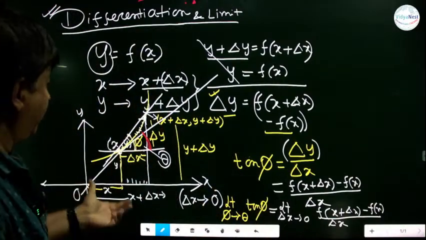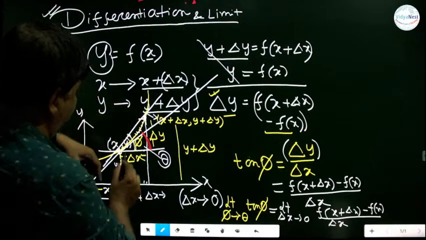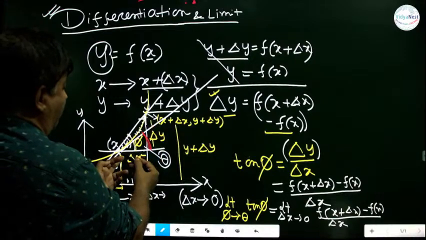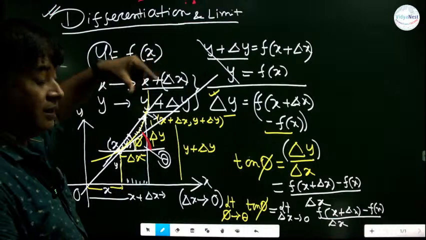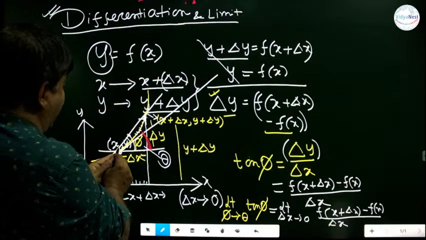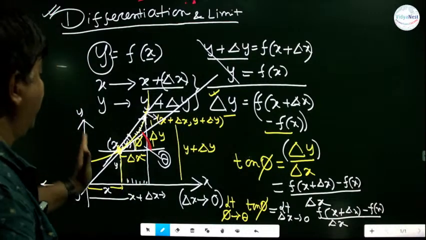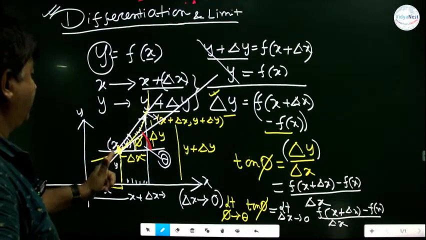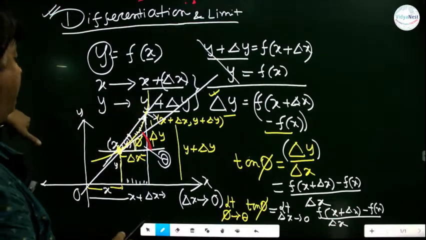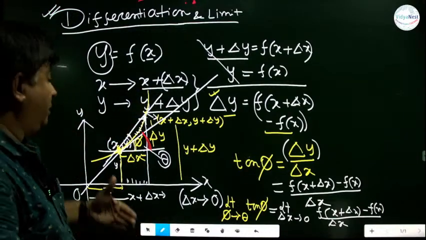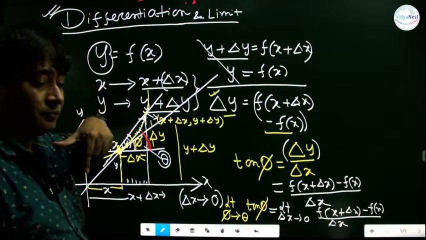And when this point is coming down and is about to fall on the other, that means the tangent is drawn. That means you are accepting the existence of this point, that you are able to separate the point from the curve, or differentiate the point from the curve. Yes or no?